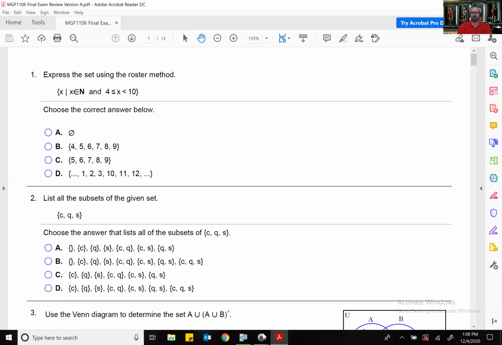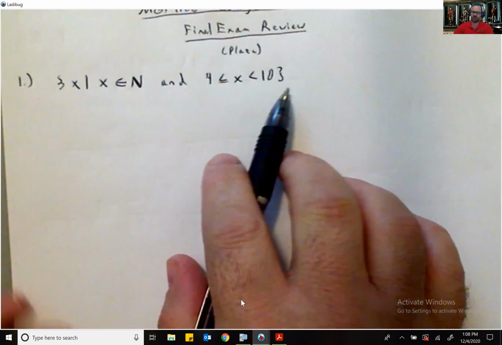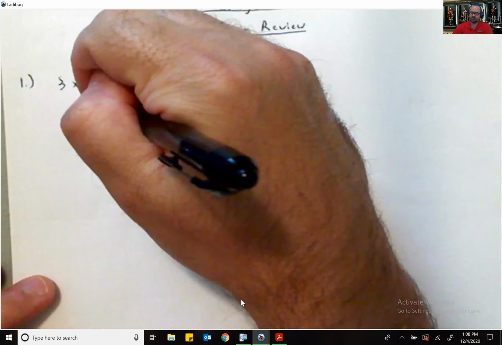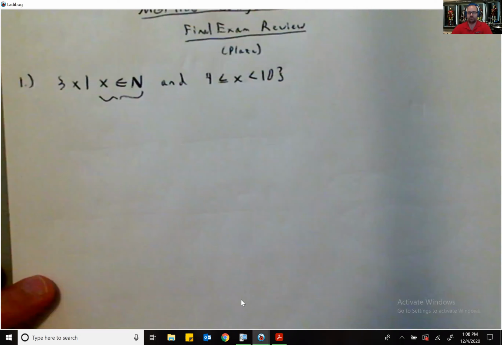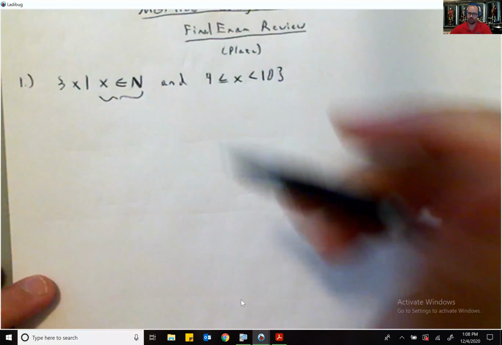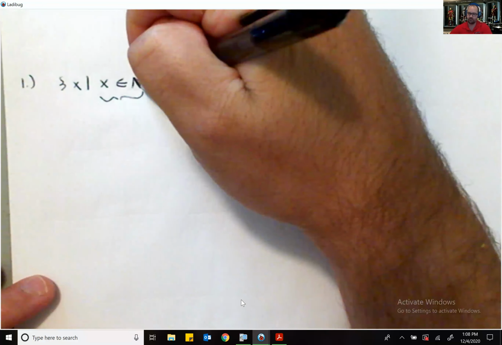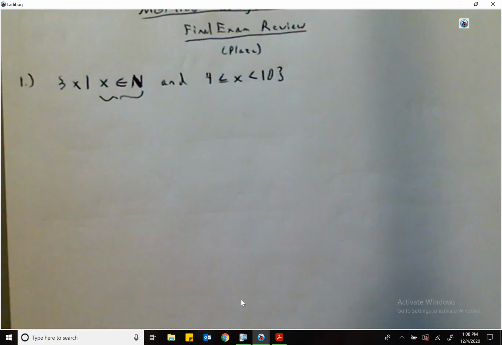All right, so here's what we got. Let's first talk about this piece right there. What does that mean? X, whatever this is, and then this symbol that's right there, kind of that bold N that we had. What does that mean? That X is an element of natural numbers?